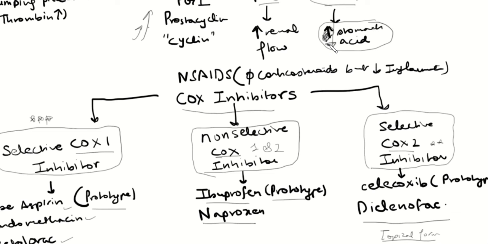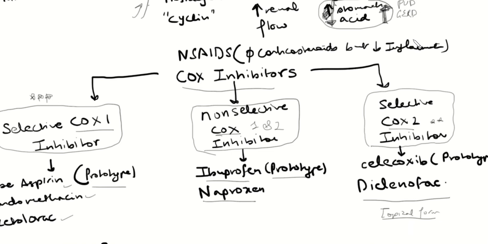So if one inhibits PGE1, the stomach acid goes up. That's not good. That can cause a lot of dyspepsia and can be harsh on one's stomach. It can predispose a person to peptic ulcer disease and cause GERD. Very important to know.